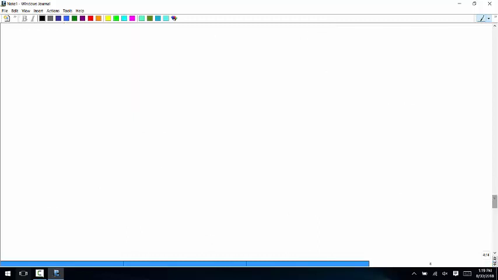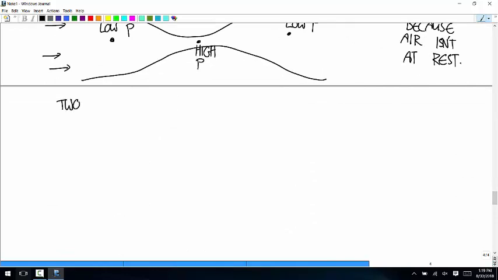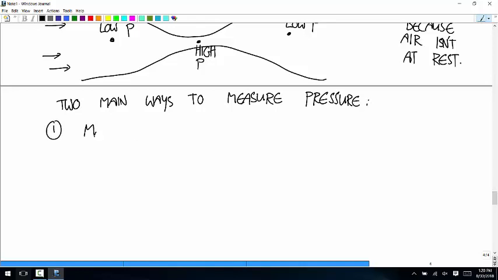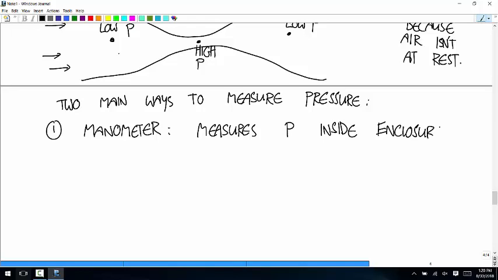There are two main ways to measure pressure. The first one is called a manometer, and you use this for measuring the pressure of a gas inside an enclosed area, an enclosure.